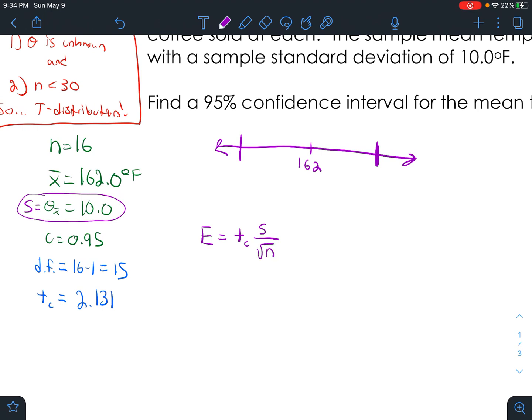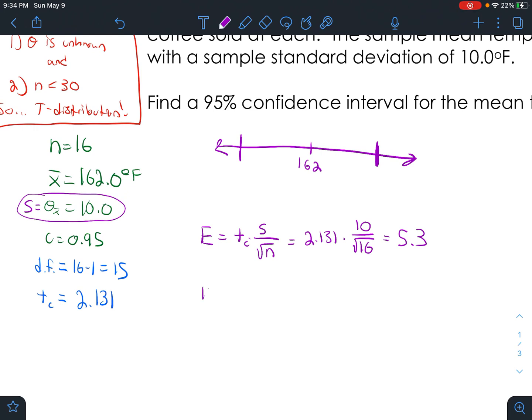So same formula, or same essential building blocks. Here we have 2.131, let's make sure we get that right, times a sample standard deviation of 10 divided by the square root of 16. And when we punch that in, we get approximately 5.3. Okay, perfect.